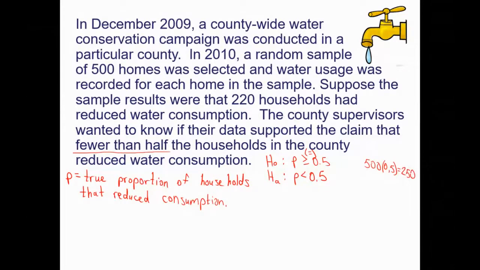Yep, that's definitely big enough. The other one would do 0.5 again, you get 250 again. So yes, it's big enough. And surely there's more than 5,000 in the county. So yeah, we're good on assumptions.